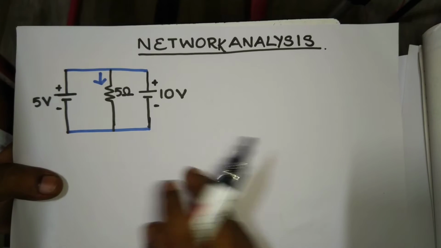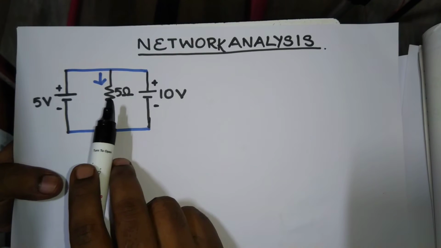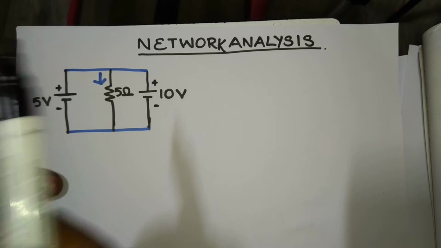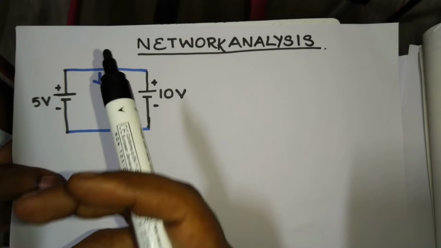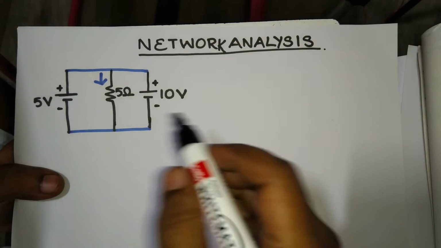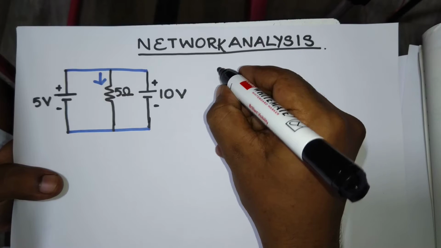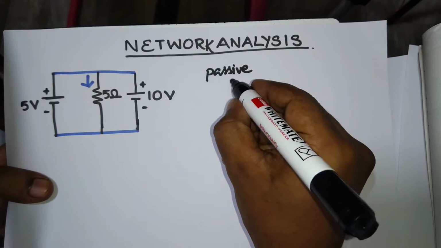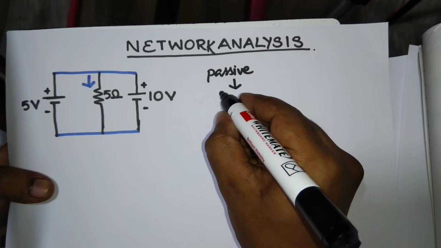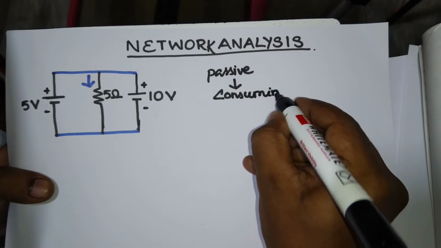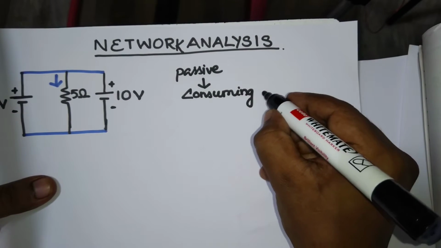See, in this case, passive element, the meaning of passive is it consumes energy or it consumes power. Also, a passive value is always positive. Whenever we say passive quantity, passive is always consuming or absorbing energy or power.